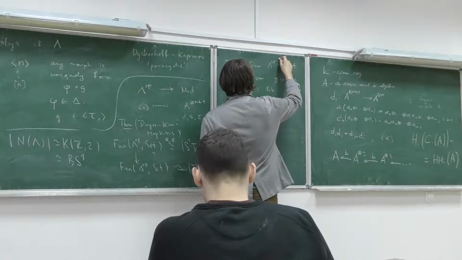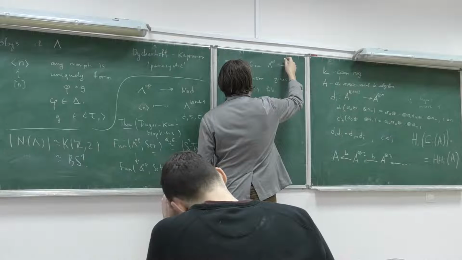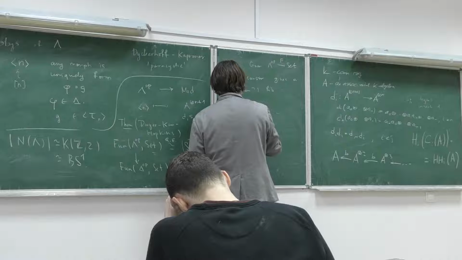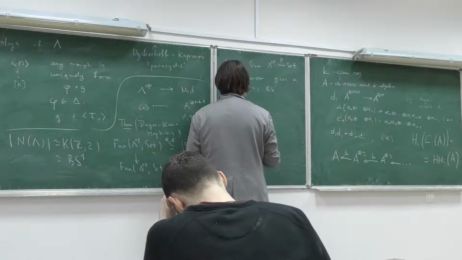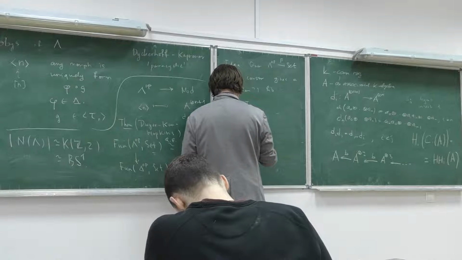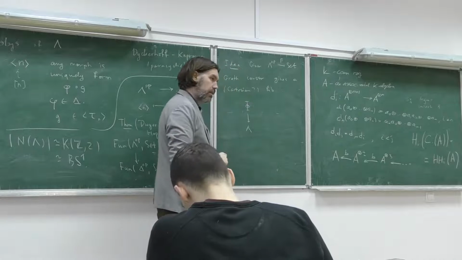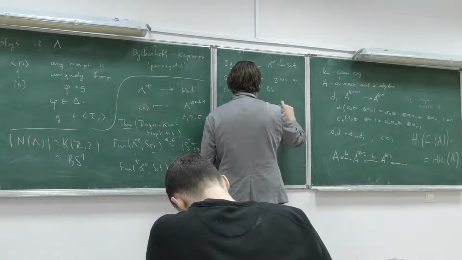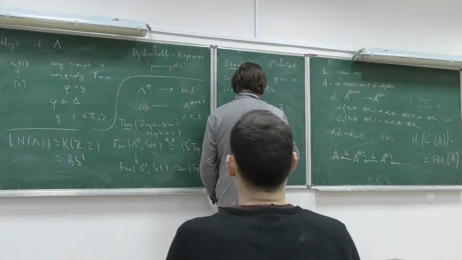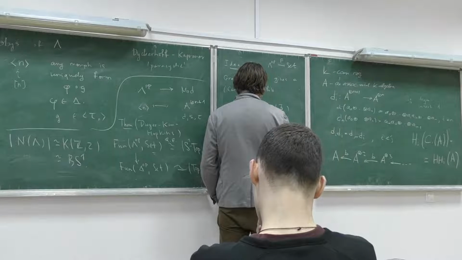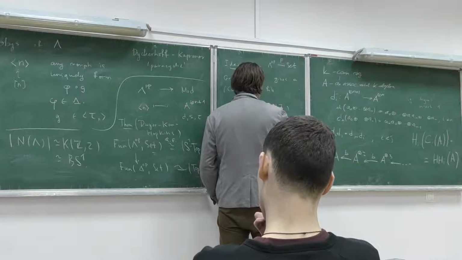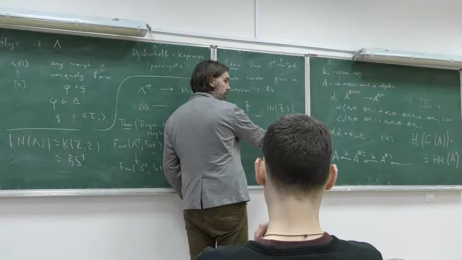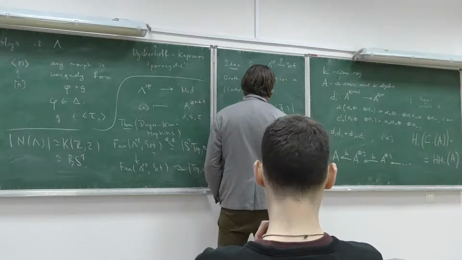Let's call this, I don't know what to call it, just call it F. And this is what you see, something like this. And then I will take the nerves and geometric realizations.